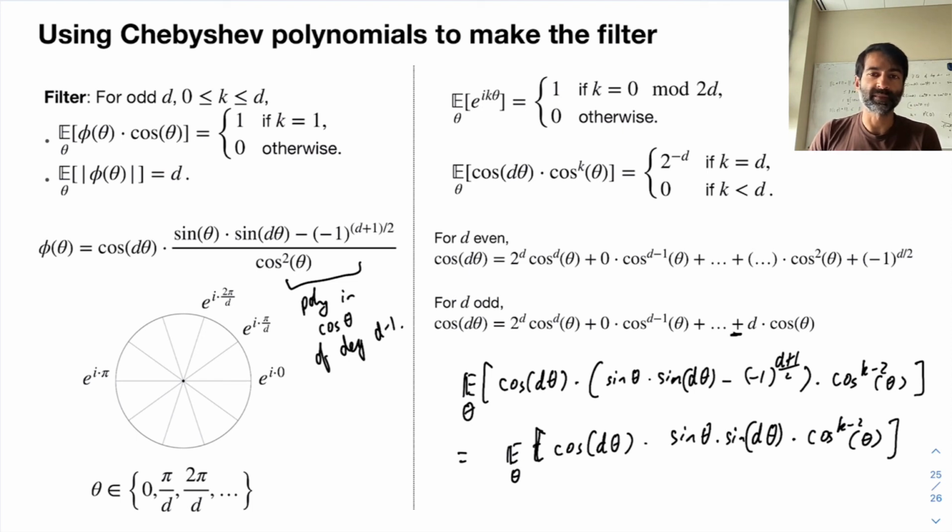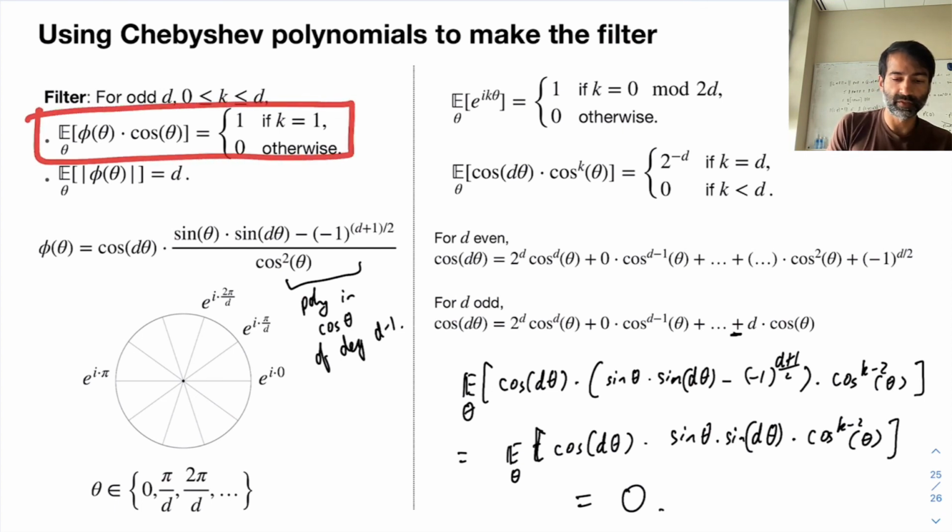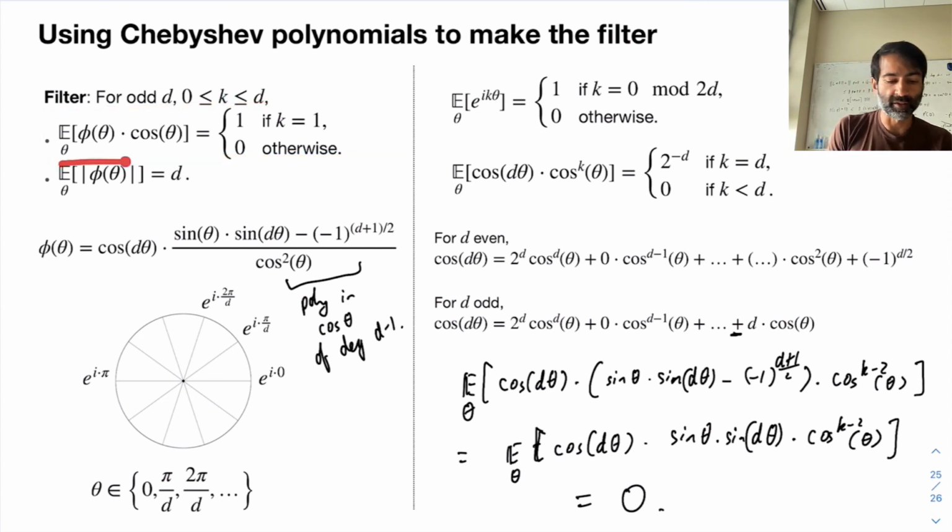So all such terms in the difference vanish. So these two quantities are equal when k is at least 2. But on our choice of theta, sine d theta is always 0. So this is just 0. Okay, so now I've established this feature of the filter, it only remains to bound the L1 norm, which I will do next.